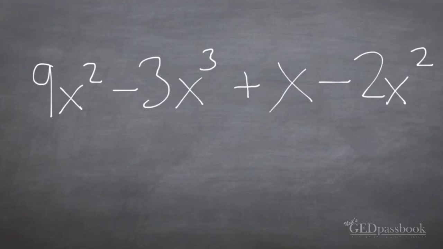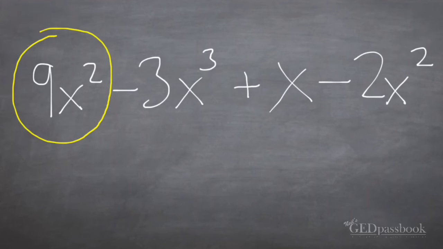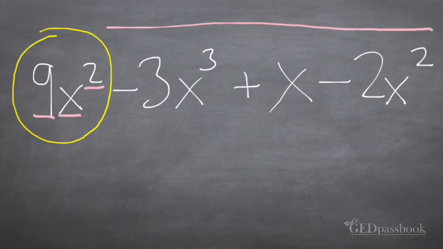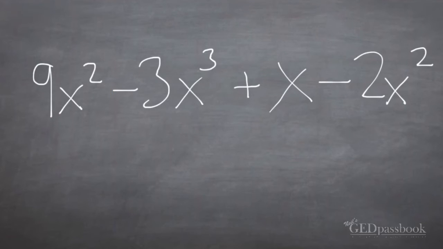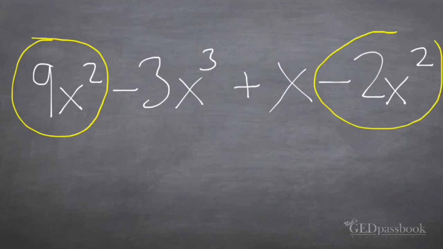For instance, I'm going to use a circle for all the terms that look to have a letter with an x squared. So I'm going to go all across here, and I'm going to see which ones look like that. And in this specific case, the one that matches this 9x squared happens to be this negative 2x squared.